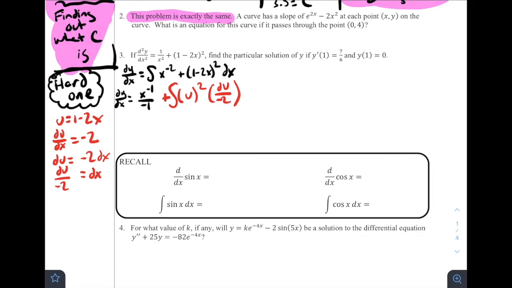That negative 2, because it's in the denominator, is like a negative 1/2. We can bring that on the outside and then take the antiderivative of this u squared part. We know that by the power rule, we're going to add 1 to that exponent and then divide by the new exponent. So we're going to end up with an exponent of 3, divided by 3 for that. We also know that we would need to substitute back in for u.